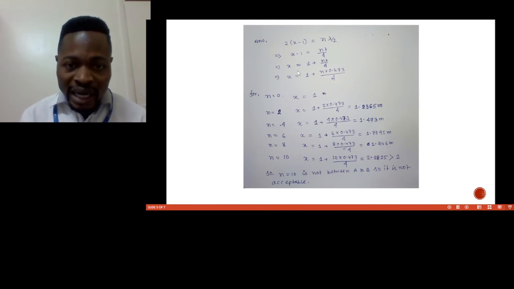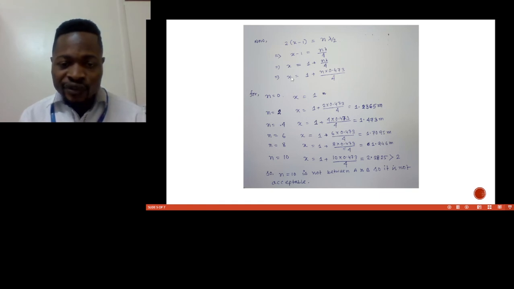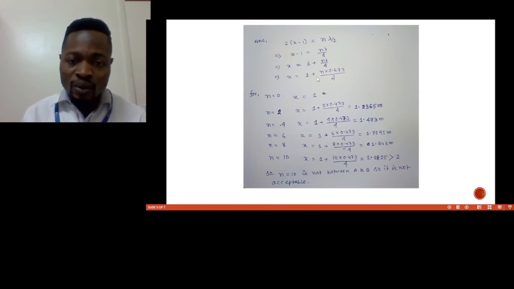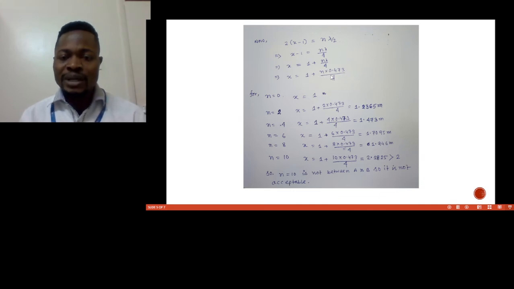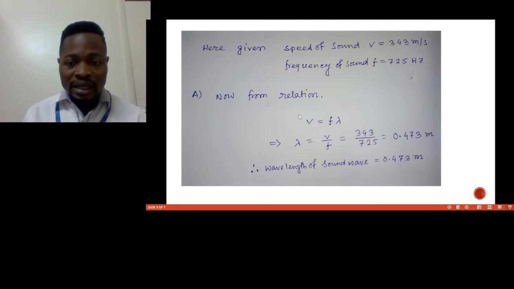So we will have x equals 1 plus n lambda divided by 4, because we want to make x the subject. Of course, when this negative 1 crosses over, it becomes positive. So we will have 1 plus n multiplied by 0.473. Remember, when we calculated lambda, we got 0.473.